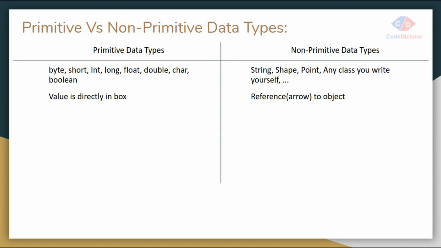Some come from Java, like string, others from libraries, like point or other resources, and others are classes that you created. When you make a class, that class becomes its own new type. Unlike a primitive, a non-primitive variable points to an object with the help of an arrow, which we call a reference.